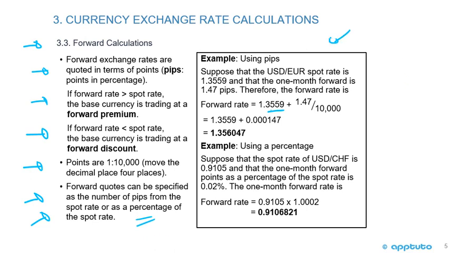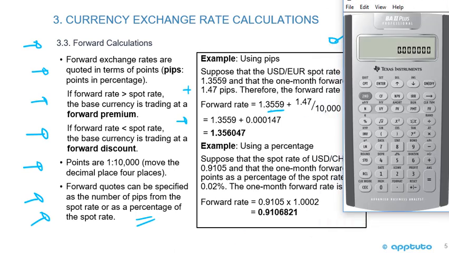So moving over here to the text box, we have a little bit of an example. Suppose that the US dollar euro spot rate is 1.3559 and the 1 month forward is positive 1.47 pips. So we can calculate the forward rate. It's easy. It's the spot rate plus the pips divided by 10,000.